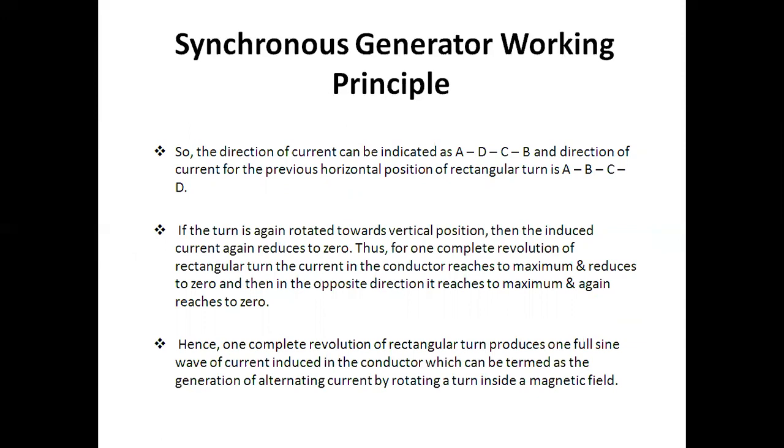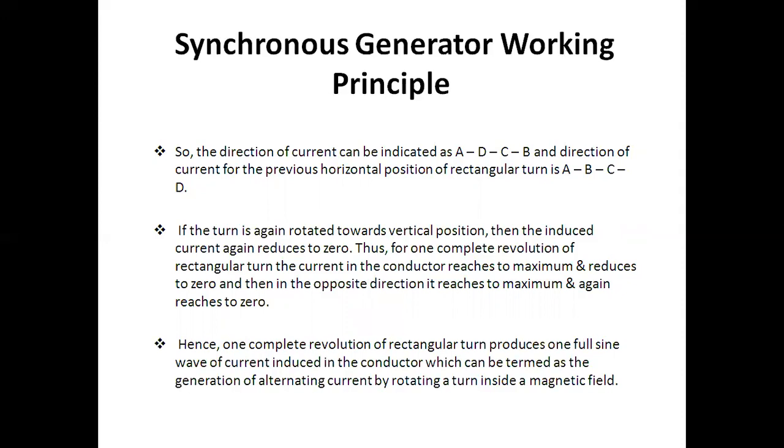Now if the turn rotates again towards the vertical position, then the induced current is again reduced to zero, as we have already seen. Thus, for one complete revolution of the rectangular turn, the current in the conductor reaches a maximum and reduces to zero, and then in the opposite direction it reaches a maximum and again reaches zero.